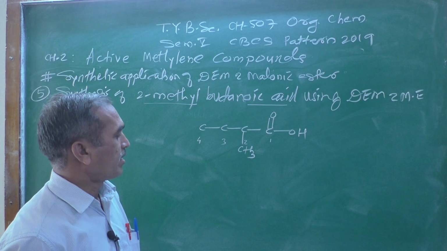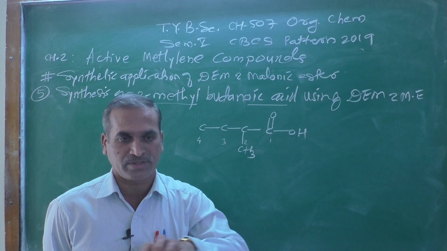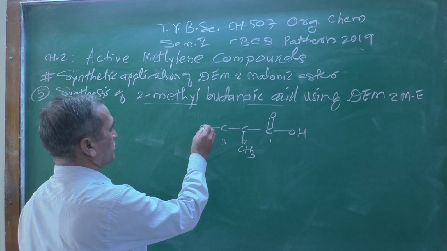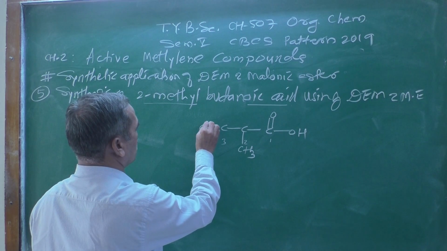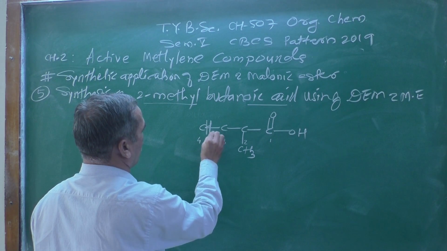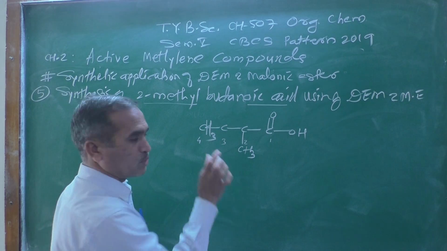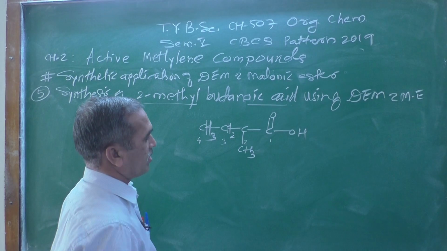Now, to the rest of the carbon atoms you attach the appropriate number of hydrogen atoms. This is a terminal carbon atom, so at this carbon atom you attach 3 hydrogen atoms. This carbon already has 2 bonds, so you attach 2 hydrogen atoms.